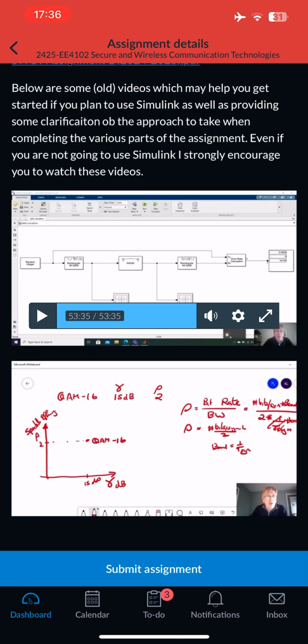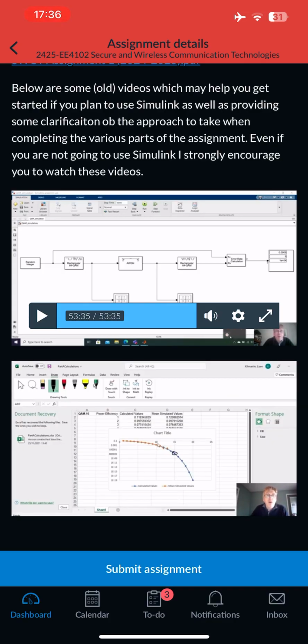If I do the same for a set of QAMs, say QAM 8, 16, 32, 64, 128, pick a number of them and carry out exactly the same process as you've just done. Generate this type of graph using exactly the same threshold of 10 to the minus 6 or 10 to the minus 7, and find the power efficiency that the graph tells you.